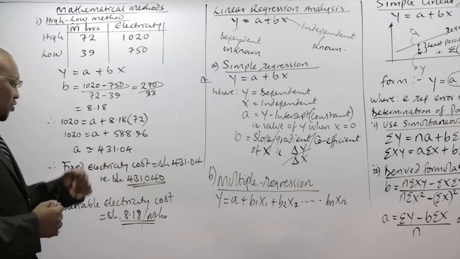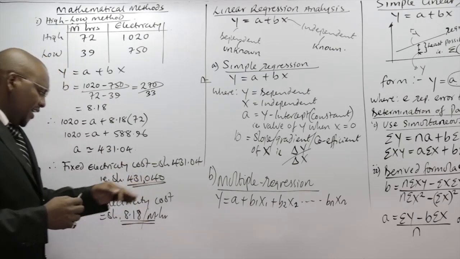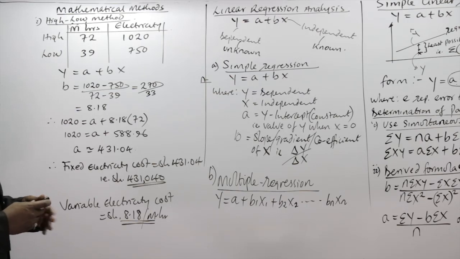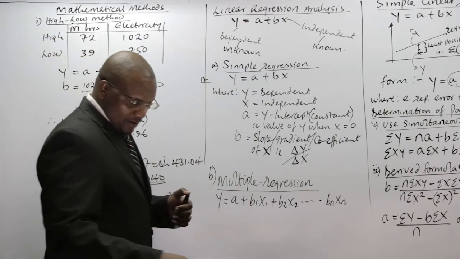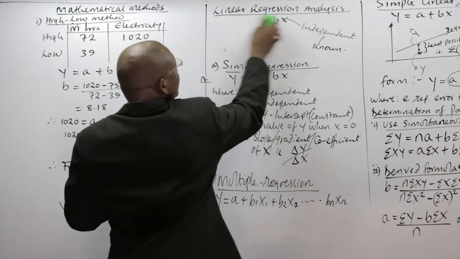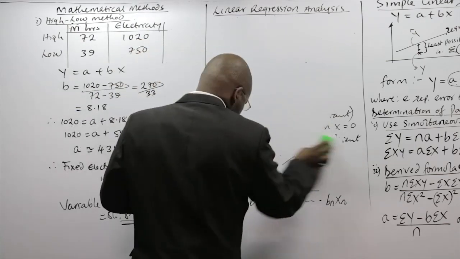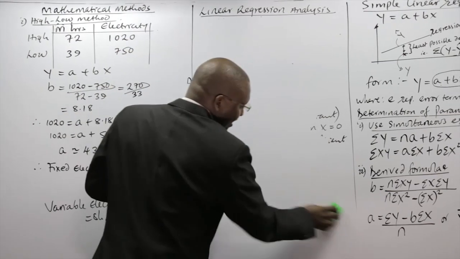So we have 431,040 in total, and we have 8.18 per machine hour. That's all about high-low. Then you go to linear regression analysis, where we require to use the formulas, which have been indicated there.